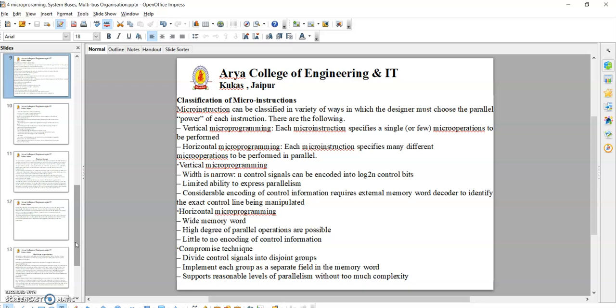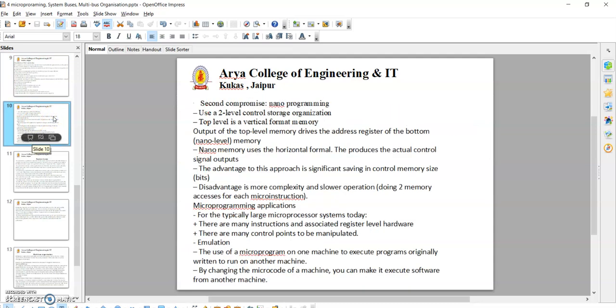We move to the second compromise, that is a two-level control storage organization. The output of the two-level memory drives the address register of the bottom level. The nano memory uses the horizontal format and produces the actual signal outputs.